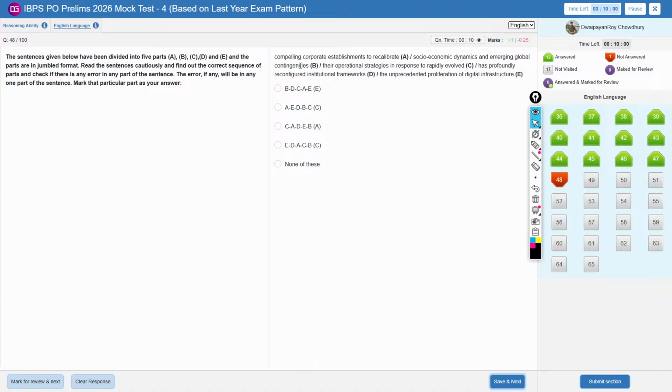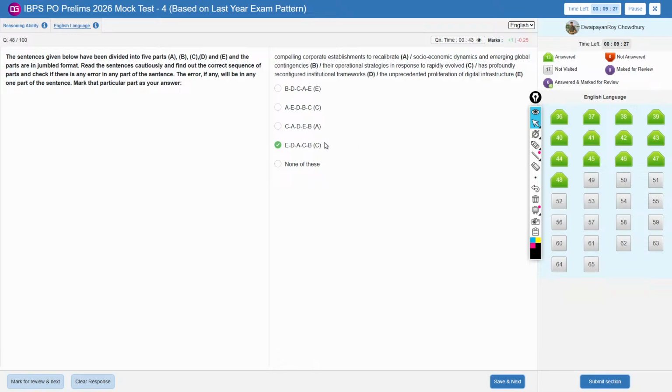Okay, let's start with B. Okay, I think the E should be the starter. The unprecedented proliferation of digital infrastructure has profoundly reconfigured institutional frameworks, compelling corporate establishments to recalibrate their operational strategies in response to rapidly evolving socio-dynamics and emerging global contingencies.